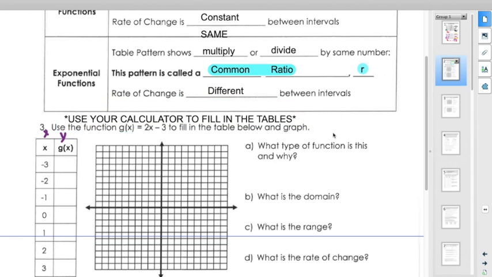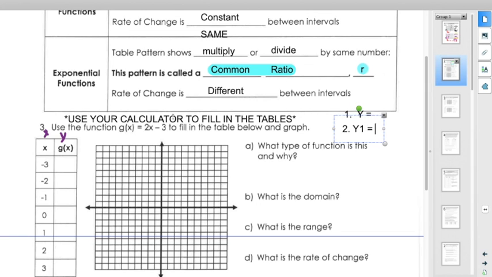Okay, and the way we're going to do that, I can't really show you a calculator, but I can show you the steps. The first step is to hit y equals on the calculator in the top left corner. Second step, you want to type into y1. Make sure everything else is cleared out.